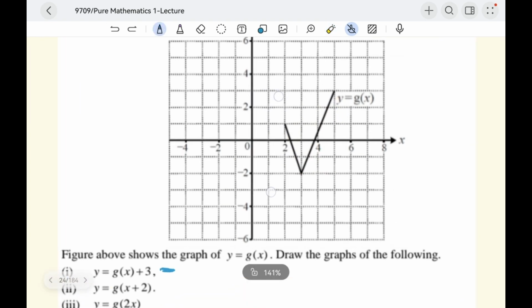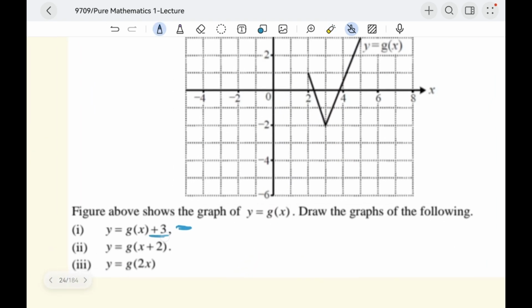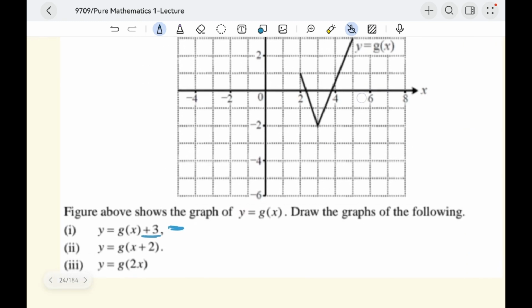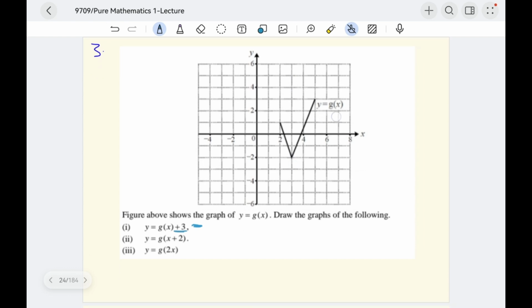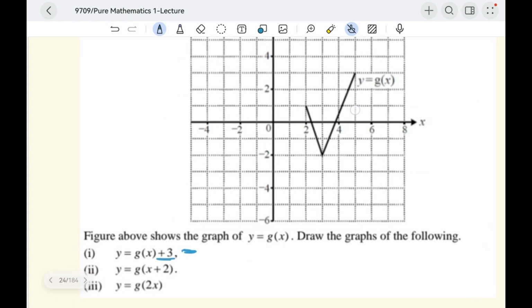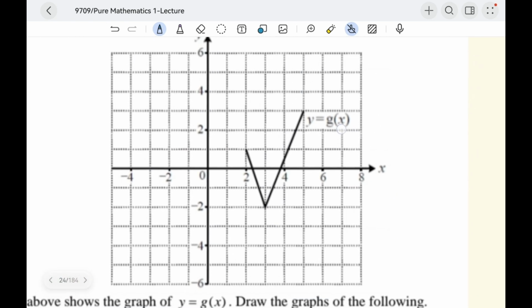You need to add 3. This is the translation by moving up 3 units. Vertical transformation by moving up 3 units for each y coordinate.